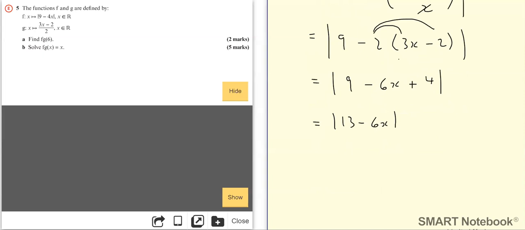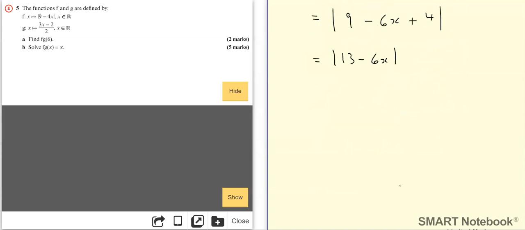Right, okay. So how are we dealing with this? Well, I now need to solve fg of x equals x. Yeah, that's what I was saying, the brackets. Right, so that makes sense now. Now, that means modulus of 13 minus 6x equals x.